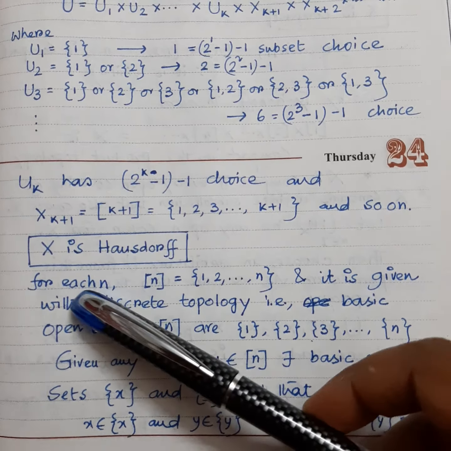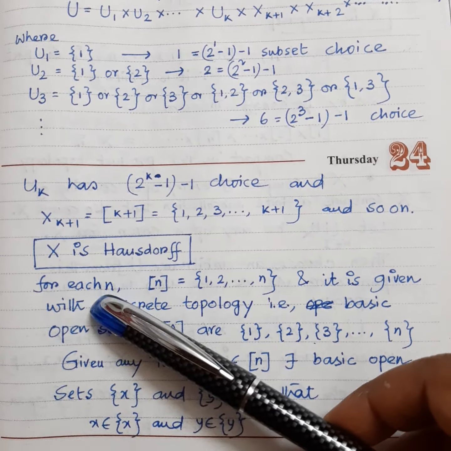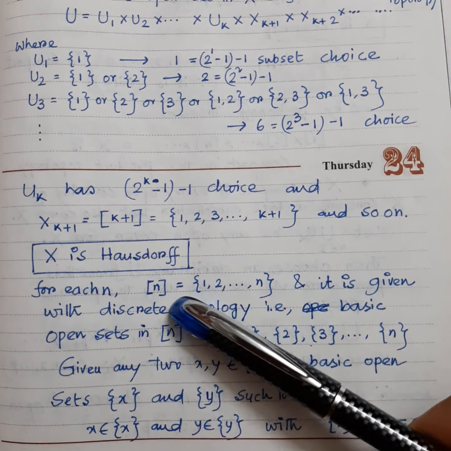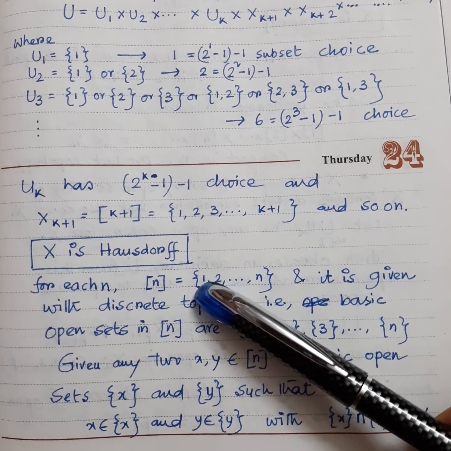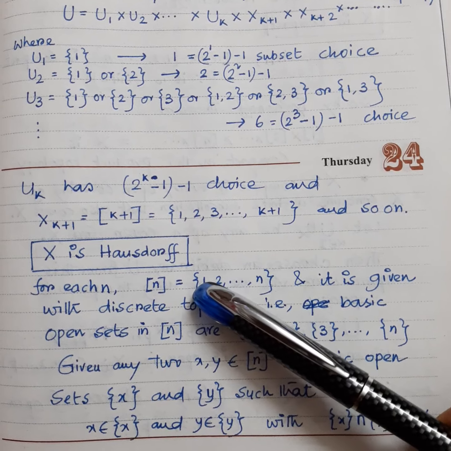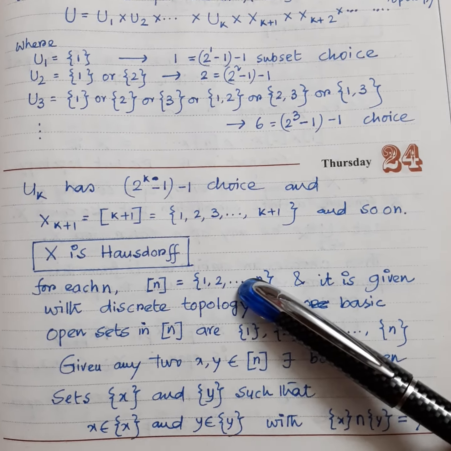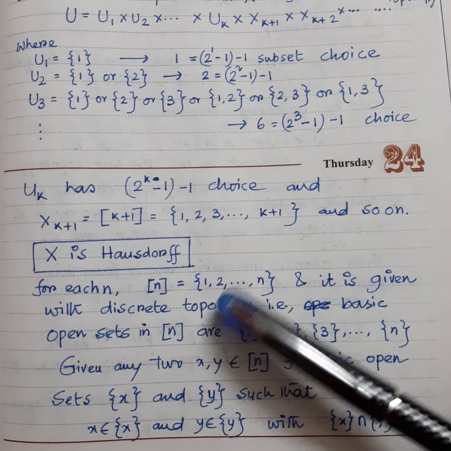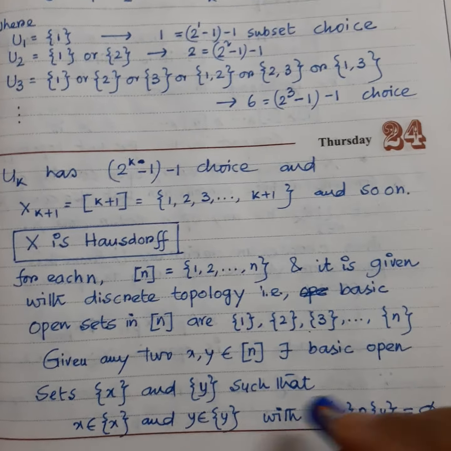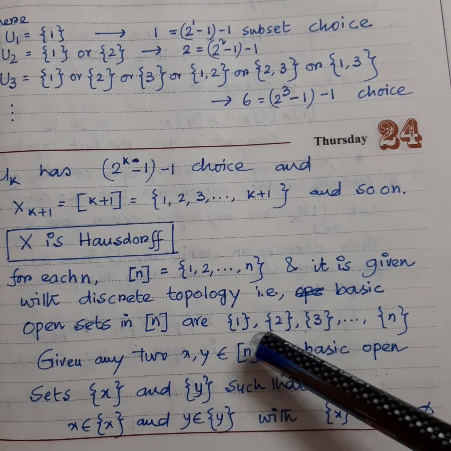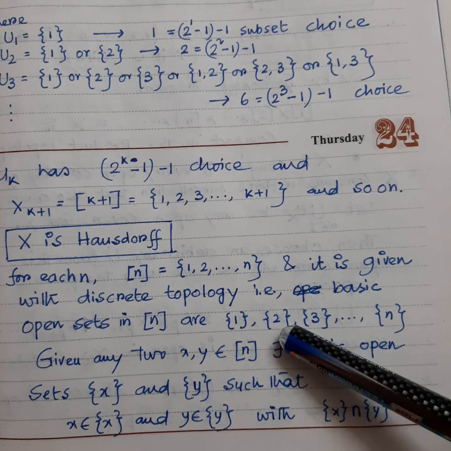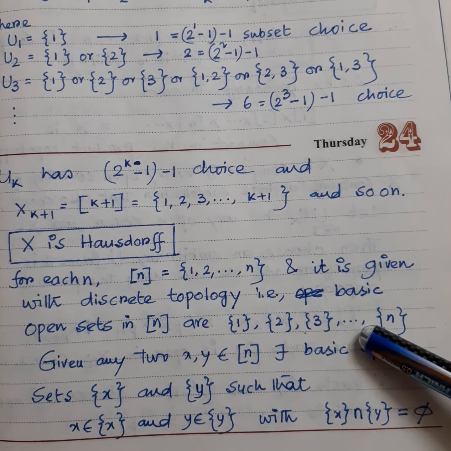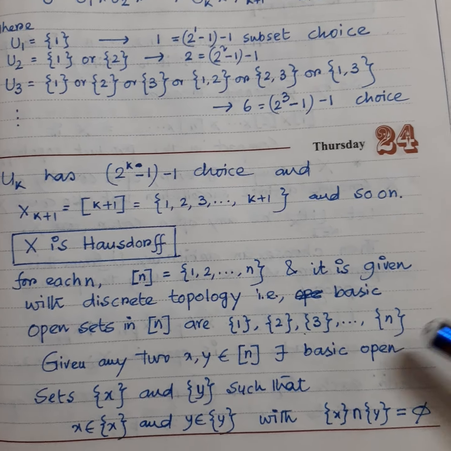For that, for each n a finite natural number, the box n is a set containing natural numbers 1 to n, and it is given with the discrete topology. So a basic open set in box n is of the form singleton 1, singleton 2, singleton 3 and so on, finally singleton n.